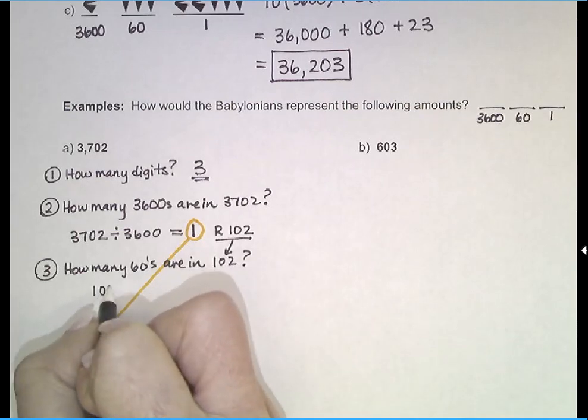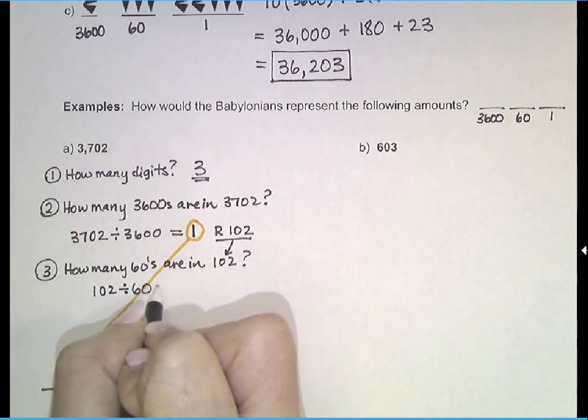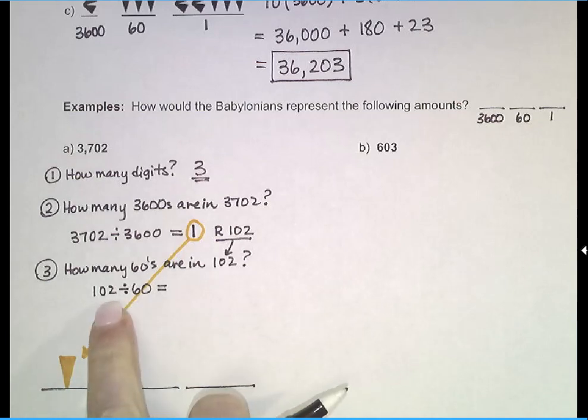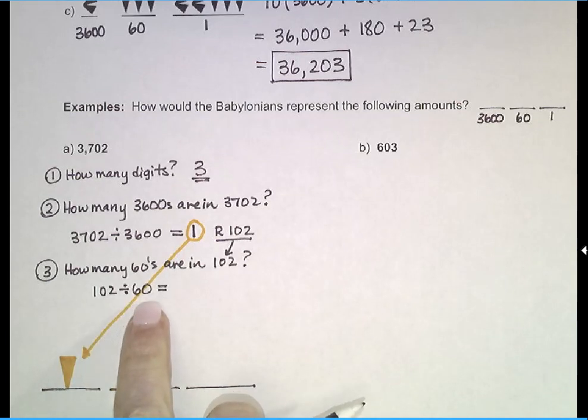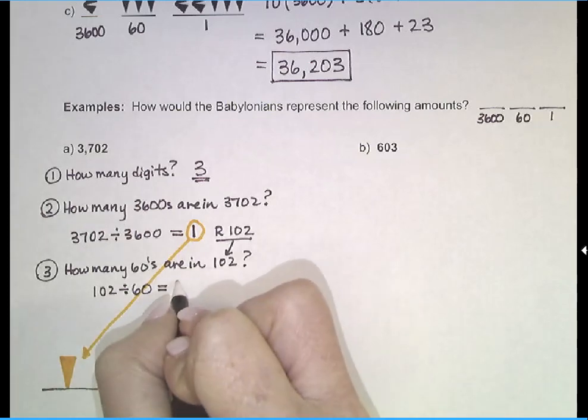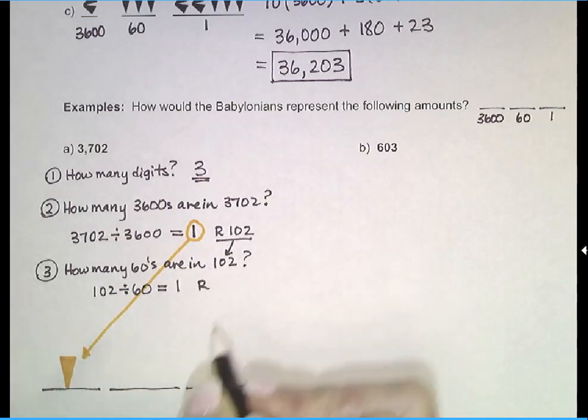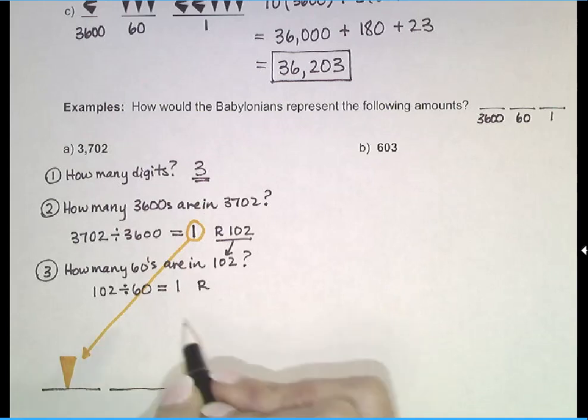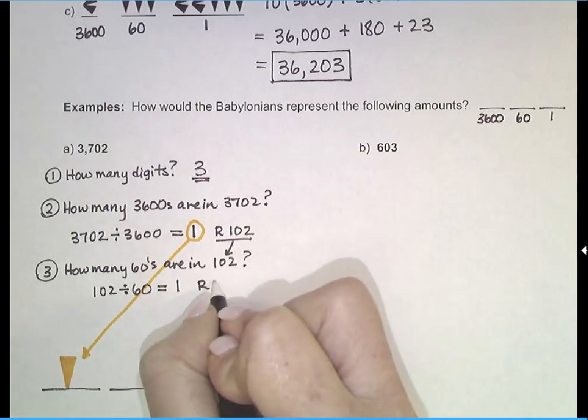Well, let's see, 102 divided by 60. I know 60 goes in there once. If you take 60 and double it, you get 120. So it doesn't go in there twice. It only goes in there once. And can we figure out the remainder? If you just subtract, you get 42.